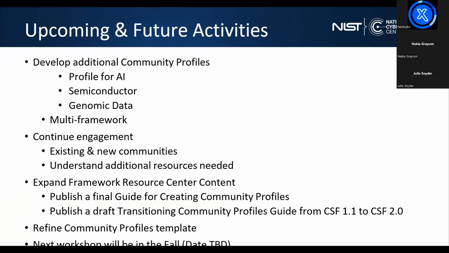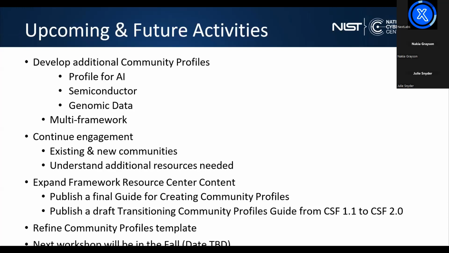We're also working with the semiconductor community on a cybersecurity framework profile. I mentioned genomic data. We're working to update the previous draft of that genomic data profile to transition from CSF 1.1 to 2.0 and also to integrate the privacy framework into the profile.